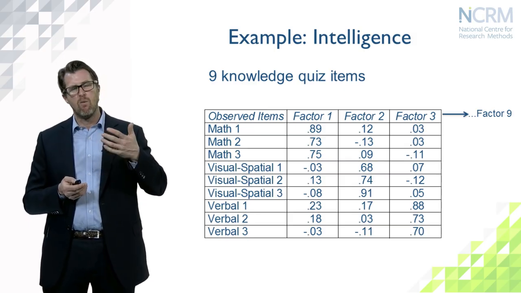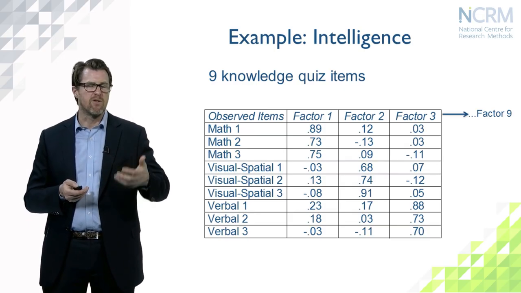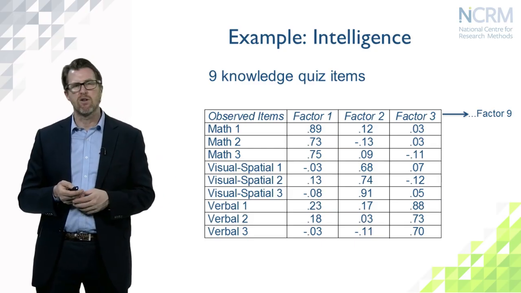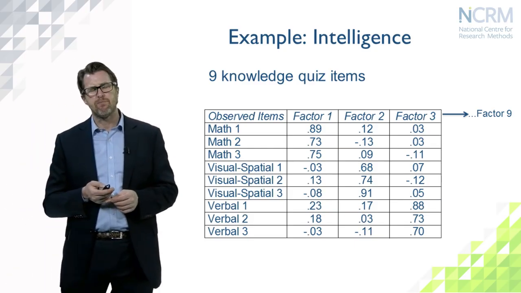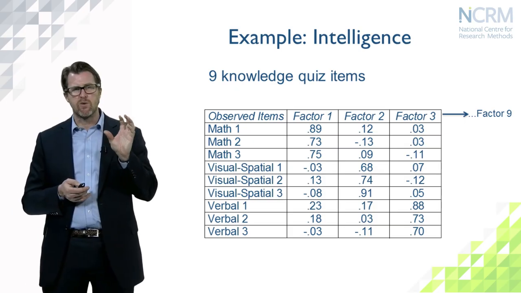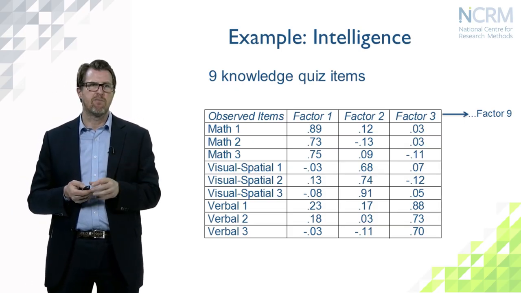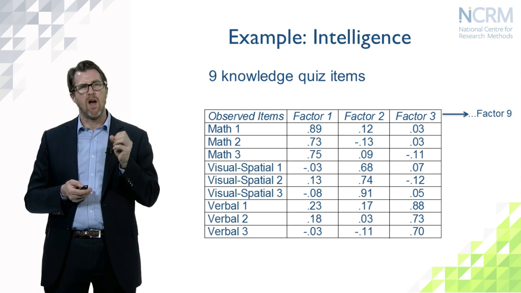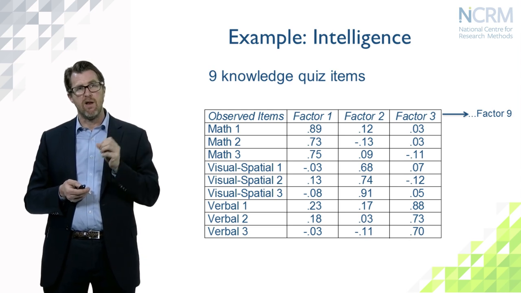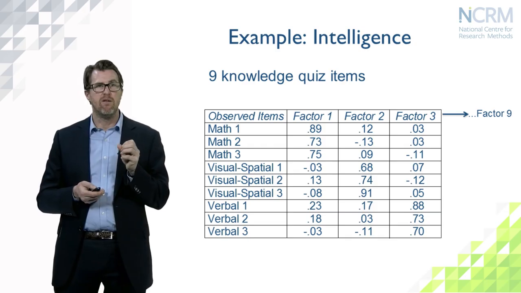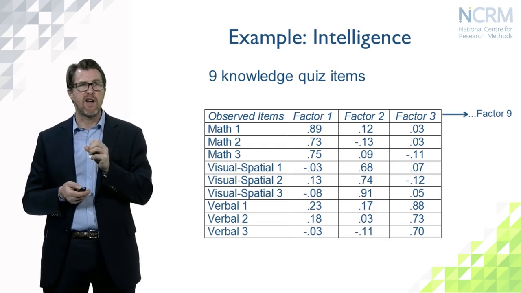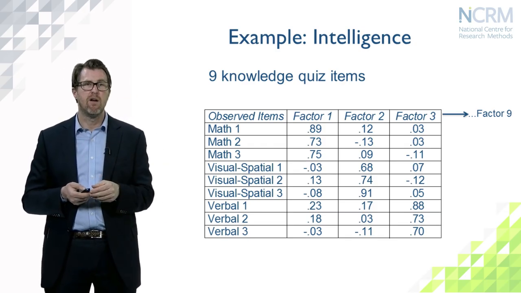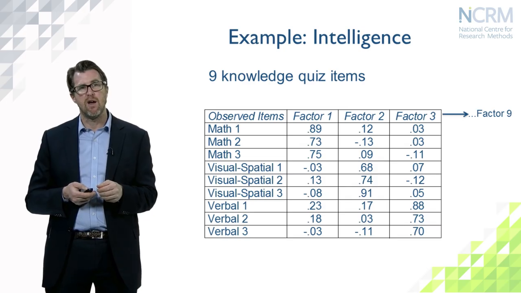And what we're measuring is some construct like intelligence or cognitive ability. Now, if we were to apply an EFA or a principal components analysis to this data, then we would initially have 9 components or factors, which is the same number as the observed items.